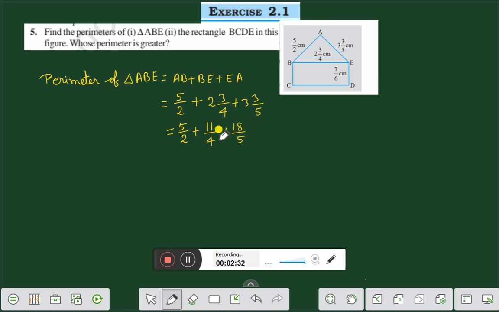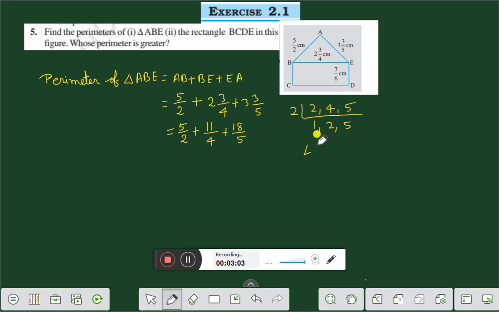I will find the LCM of these numbers 2, 4 and 5. We are finding the LCM of the numbers 2, 4 and 5. First, divide by 2: 2 ones are 2, 2 twos are 4, and 5. 5 is not divisible by any other number except 1.